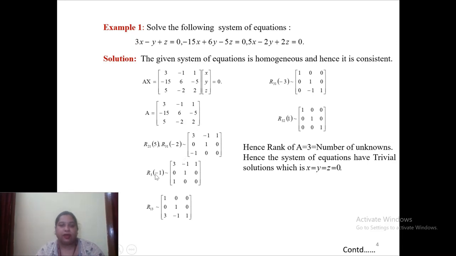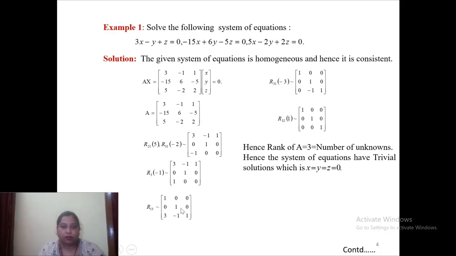Now we apply the operation R3 tends to minus R3, meaning we multiply row 3 by minus 1. So row 3 changes to 1, 0, 0. In echelon form we have to make the pivot element 1 if it is not, so that we can easily reduce our matrix.